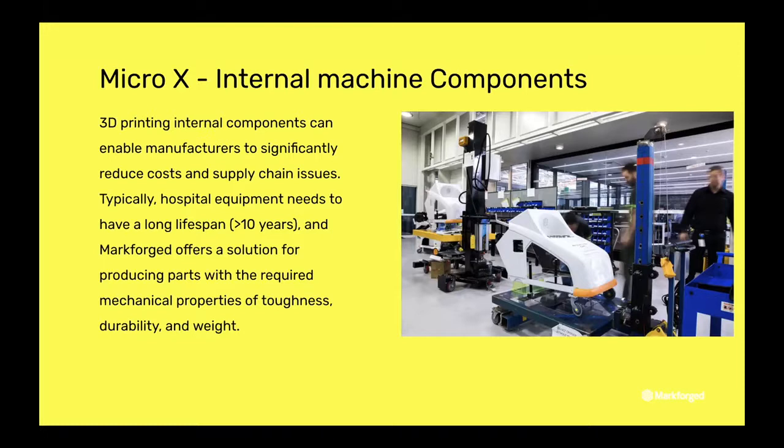A lot of the reason why is because the internal components were quite complex and they needed to be shipped from overseas. So what high strength additive manufacturing enabled was them to print these parts on demand, enabling them to get this product out the door in a crisis.